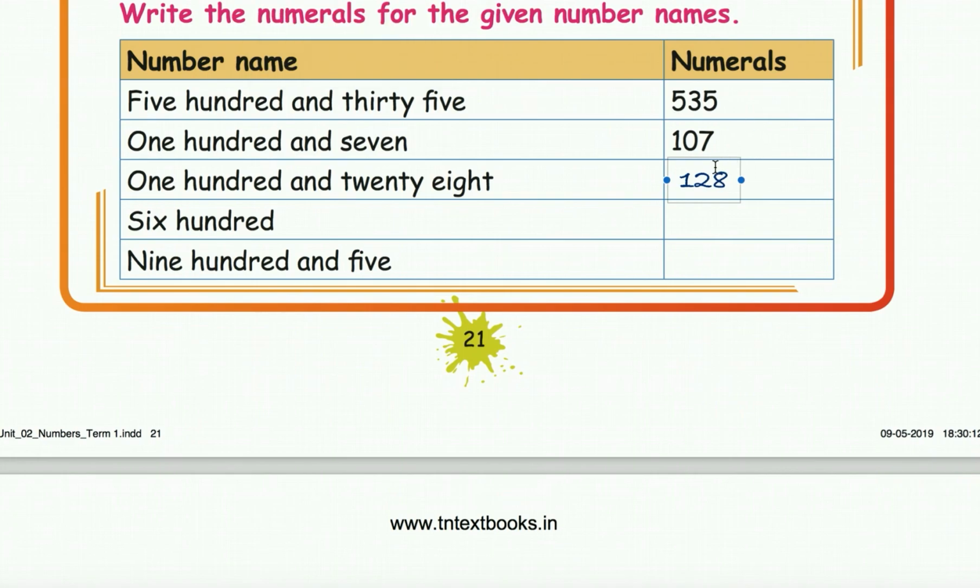Okay. 128. 600. How to write 600? Yes, 600. Okay. Next one, 905. So 900 plus 5, 905. That comes here.